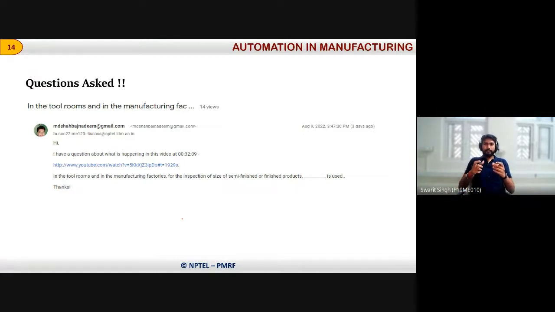Do you know inspection? Suppose this is the workpiece, and I have performed one machining operation here. Now I want to measure the dimension of this. So what do we use if I want to inspect the size of this component?